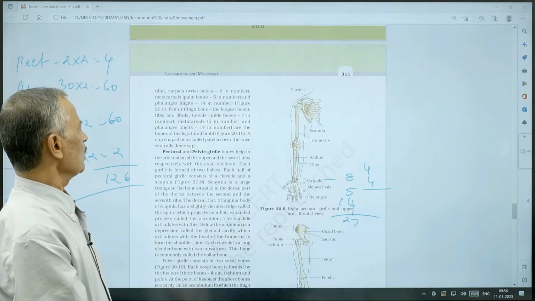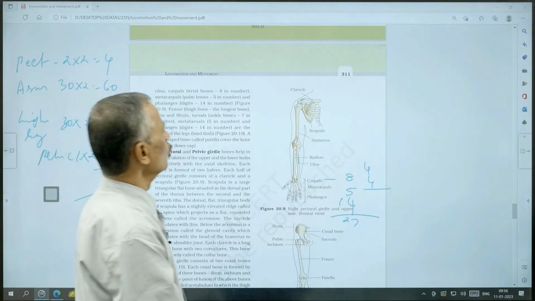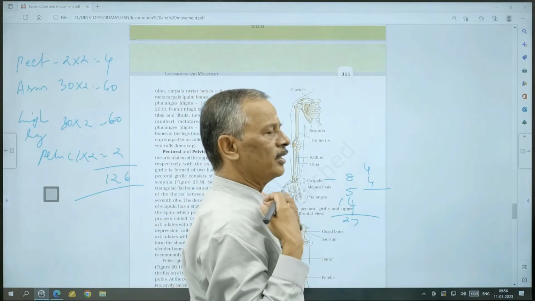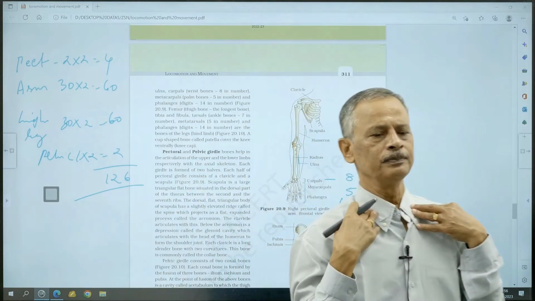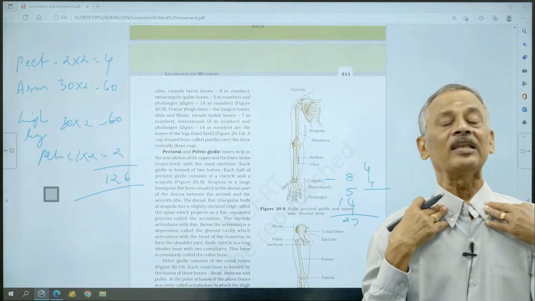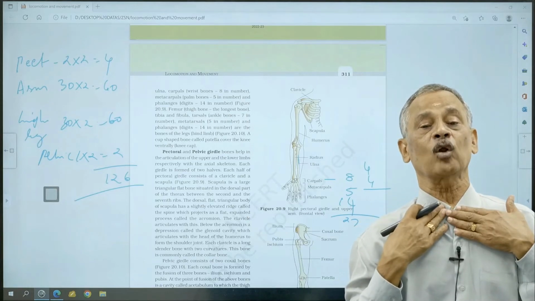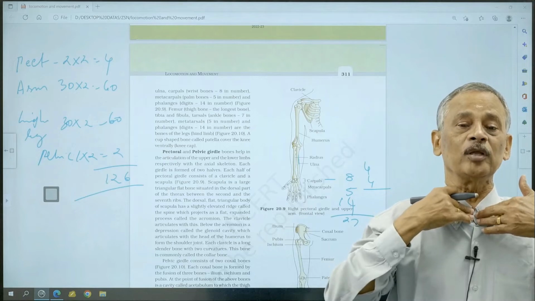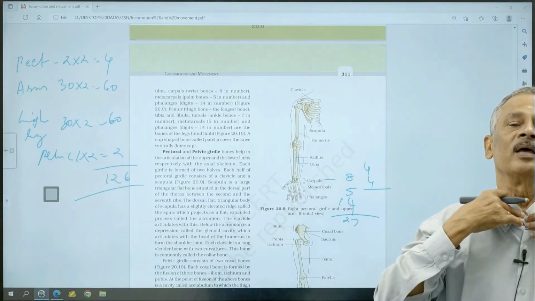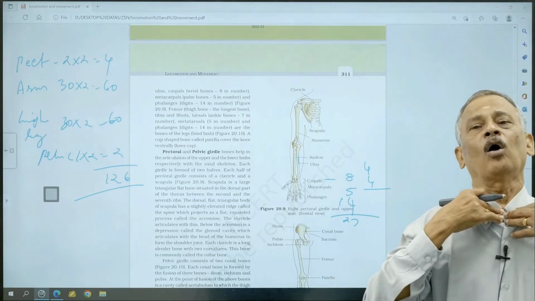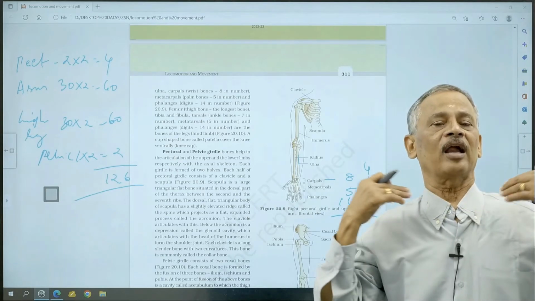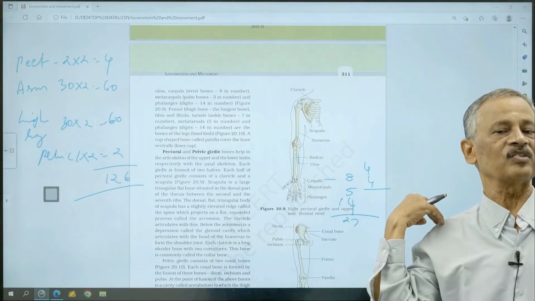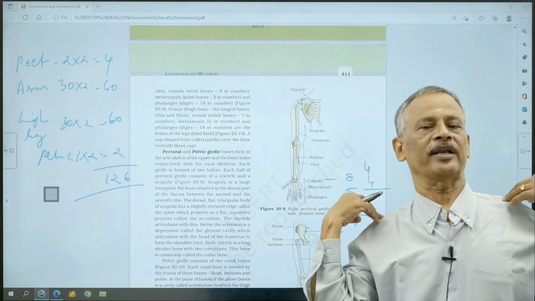Now, the pectoral girdle has 2 bones. The clavicle is a thin flat bone on the anterior or ventral side. It is connected to the sternum on the inner side and to the acromion process of the scapula on the outer edge.